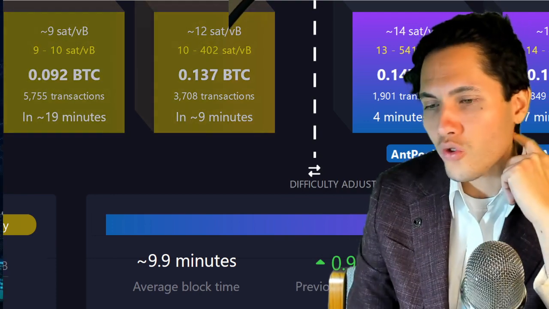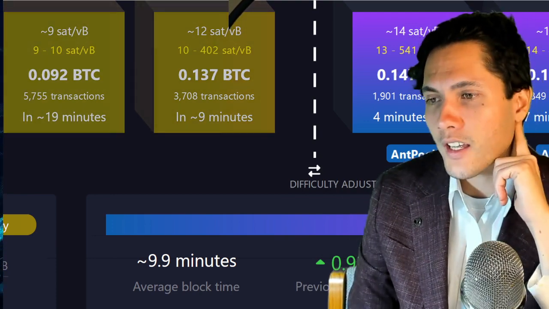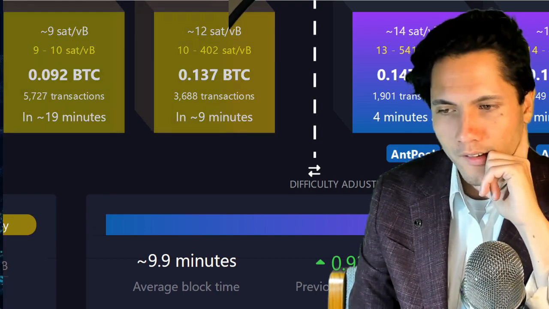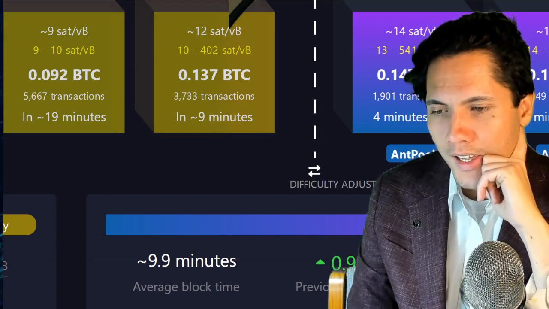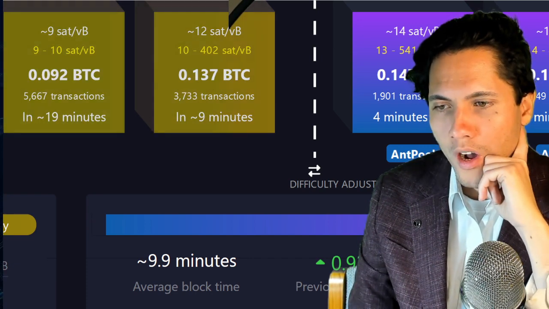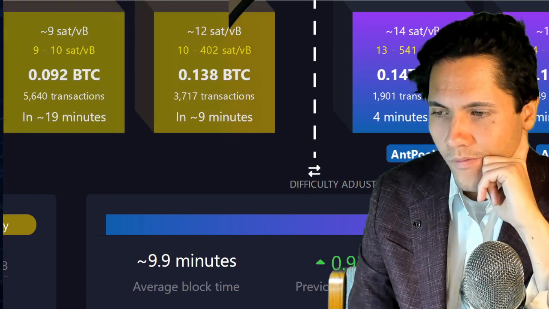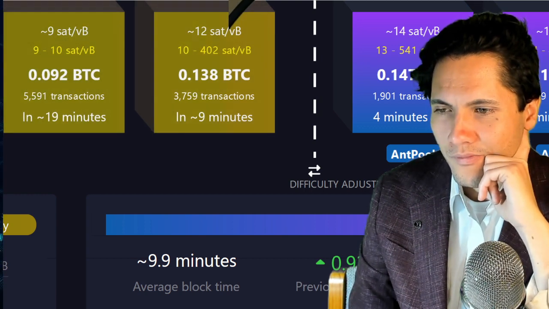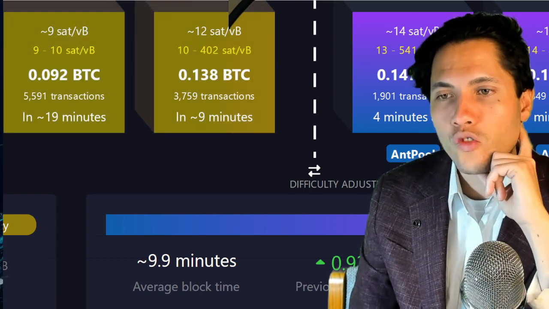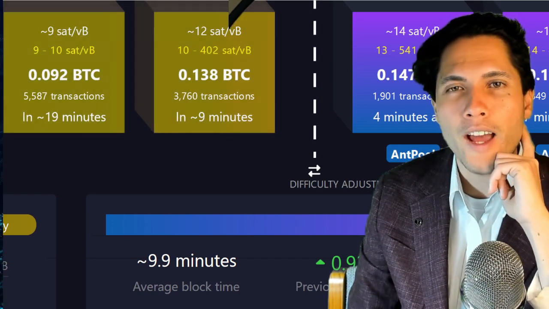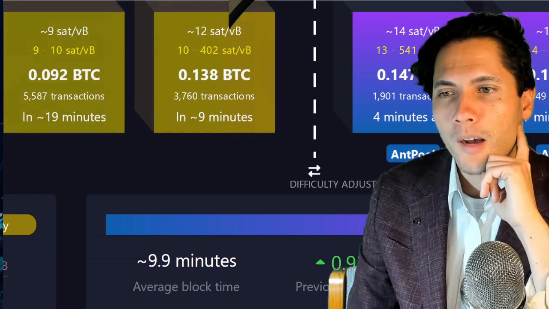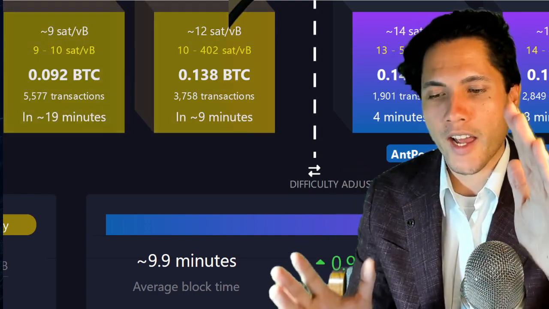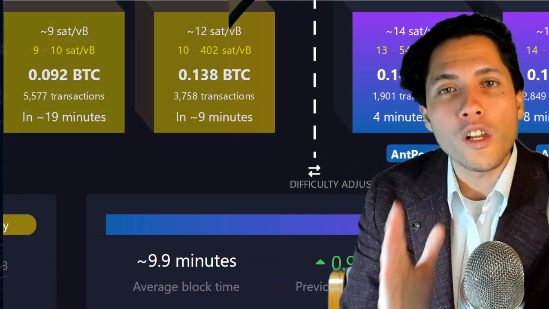Then you get to 20 to 50. Now, 20 to 50, in my experience, could be $8 up to 25 USD. But it really varies on the website you're using, like the various crypto exchange or the wallet that you're using.